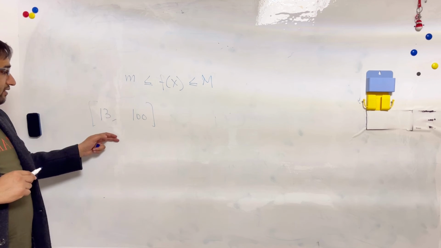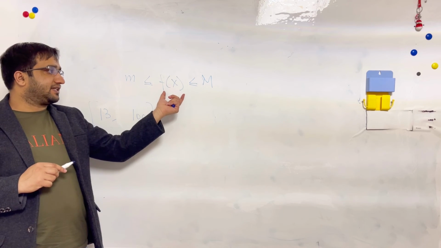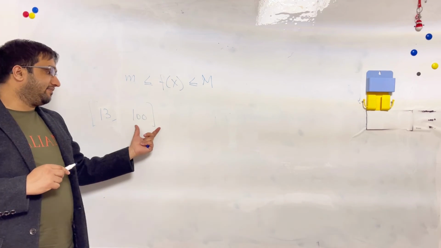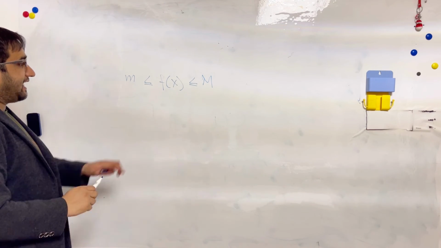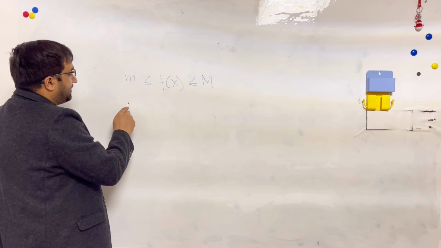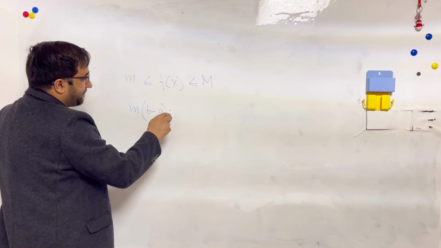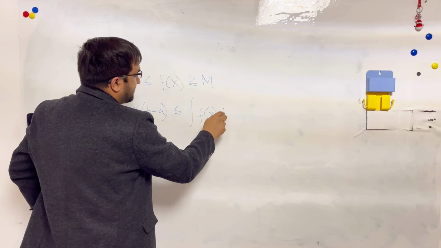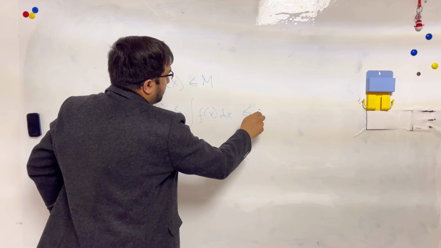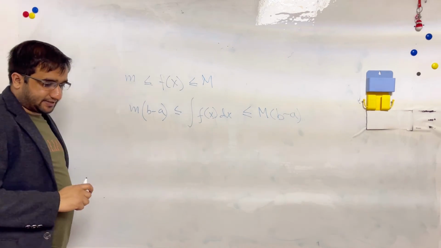The function will never go to the left of this number, and the maximum of this function, whatever the value of x is, can be 100. Then in this case, the answer to this integral will be between m into b minus a, which is less than or equal to the integral of f of x dx, which is less than or equal to capital M into b minus a, whatever the limits are.